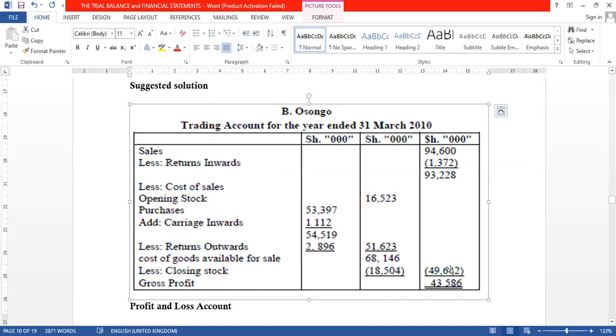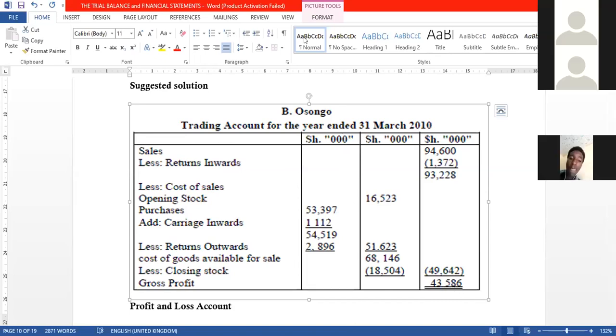The gross profit is net sales, 93,228, minus the cost of sales. Once you do that, you get 43,586. I hope that is clear.